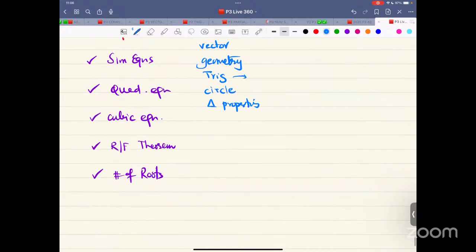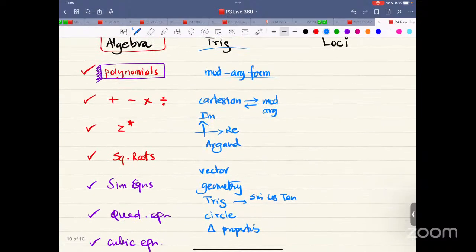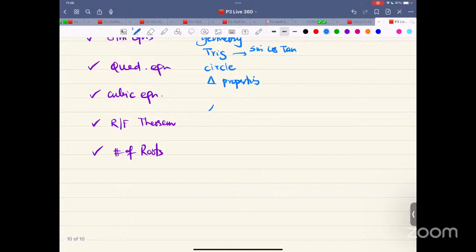And in trigonometry, sine, cos, tan, sine rule, cosine rule, Pythagoras, all these things are there. And there are special rules for multiplication, special rule for division, special rule for power. Transformation, that is also there.